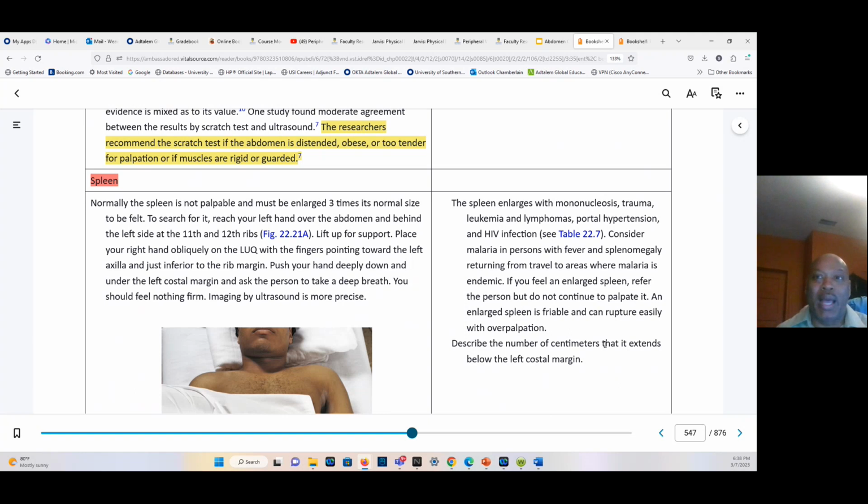So you don't want to over palpate this particular organ. We also describe the number of centimeters that it extends below the left costal margin. So remember, it is extremely important that you do not over palpate the liver, excuse me, I keep saying liver, the spleen in these patients.